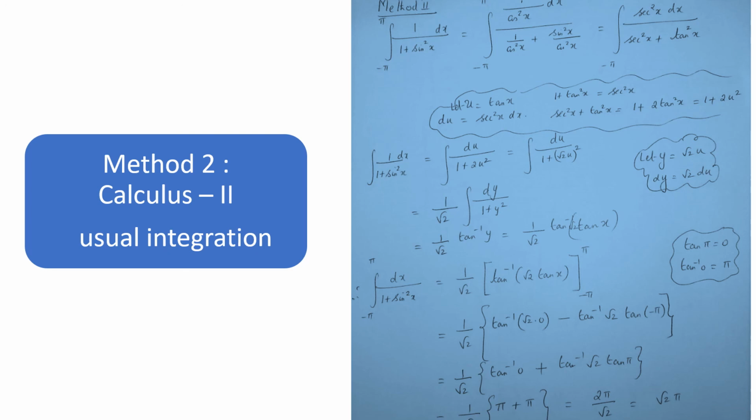Again, I get tan pi to be 0. So this will be tan inverse of 0 plus tan inverse of 0, which is pi plus pi, 2 pi by root 2, or root 2 pi. So this is the value I get using the calculus 2 method.